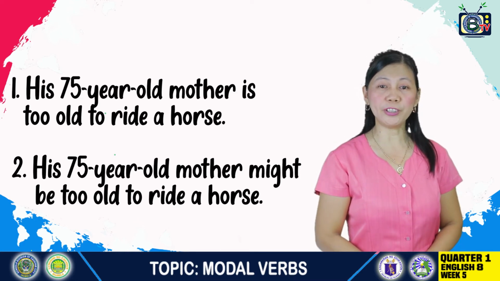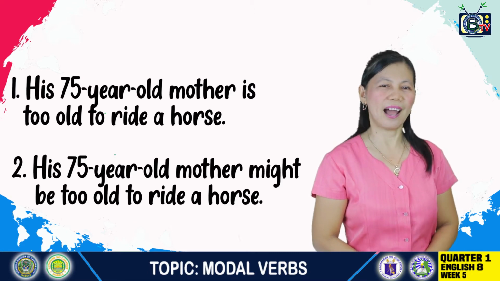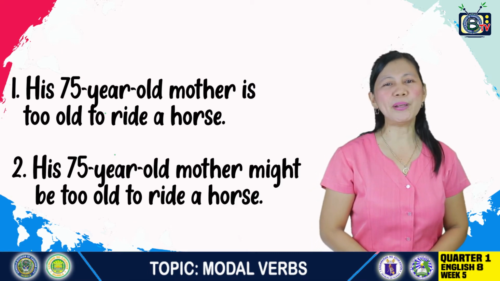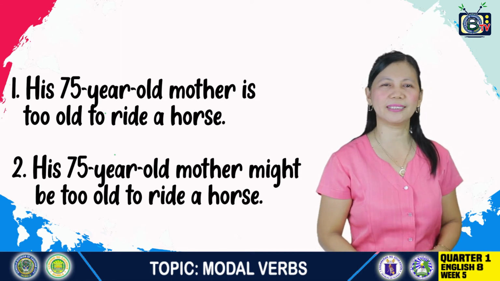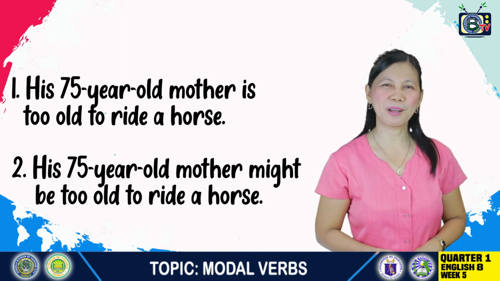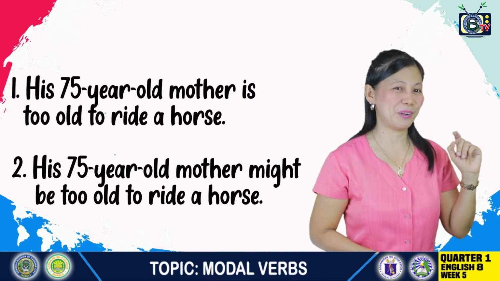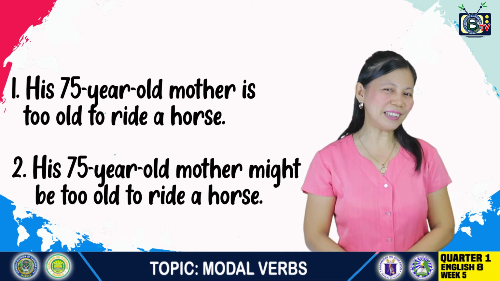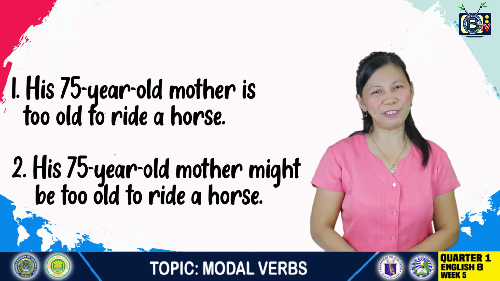His 75-year-old mother might be too old to ride a horse. Again, his 75-year-old mother might be too old to ride a horse. What have you noticed in sentences 1 and 2? Do they have the same meaning? If not, what is their difference?